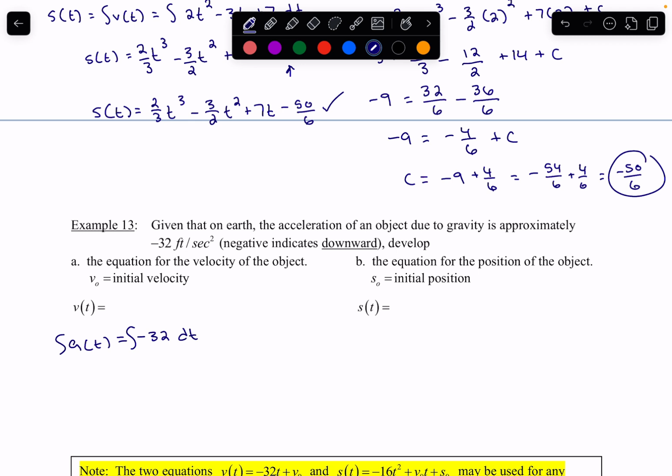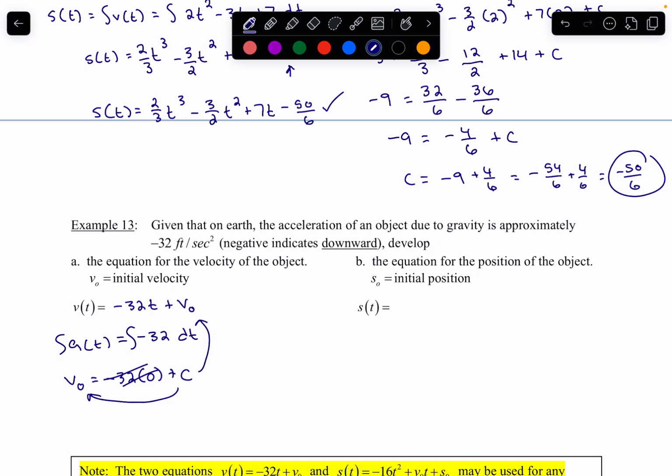So negative 32 becomes negative 32t plus c. Now, if my initial velocity is v naught, all that means is that this c value becomes v naught. Because if I were to plug in 0, then I would get my initial velocity. So v naught would equal negative 32 times 0 plus c, and that just goes away. So c and v naught are the same thing. So I just replaced it right there.